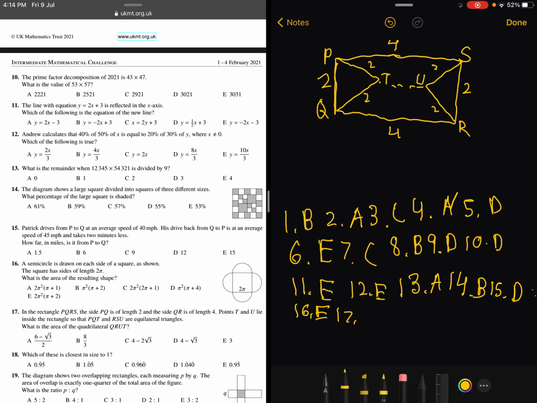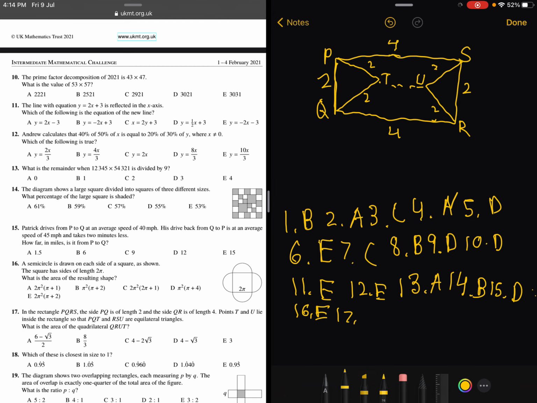If we can find the length UT, since we know this is a trapezoid because it has a pair of parallel sides, we can actually solve the area of the trapezoid.